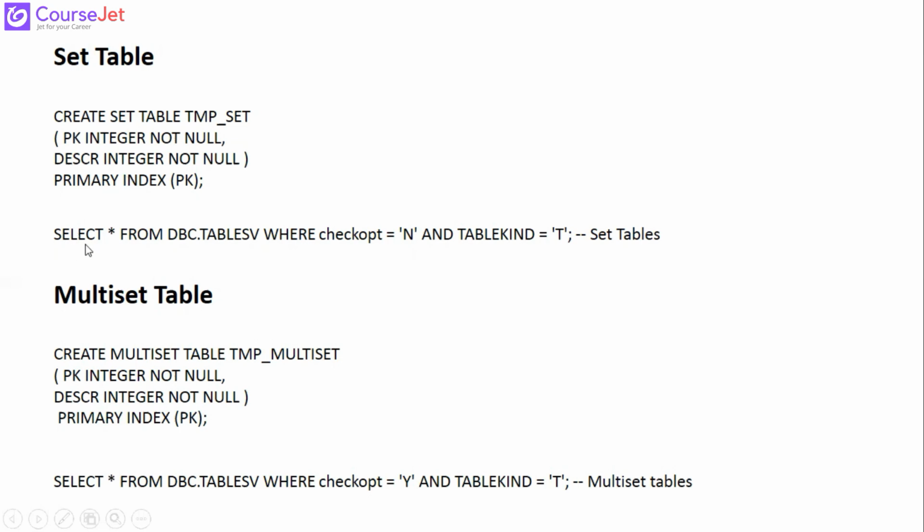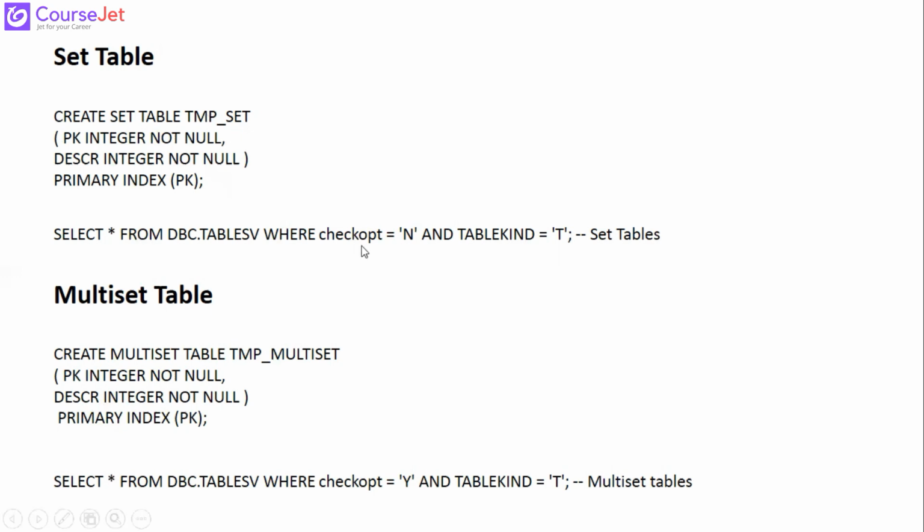So there is a way to check the set tables overall from the system. We have the data dictionary called DBC.TablesV. We'll see about these dictionaries in the coming few minutes, but this is the way we can retrieve the set tables in the system.